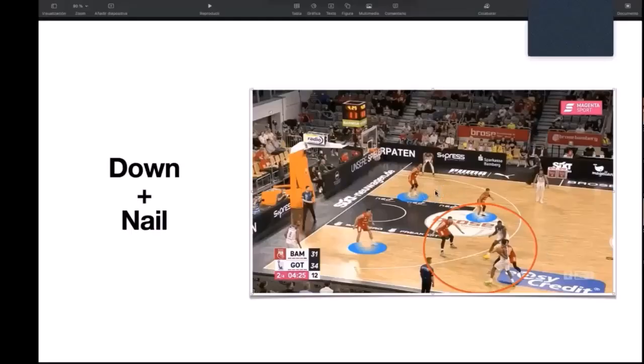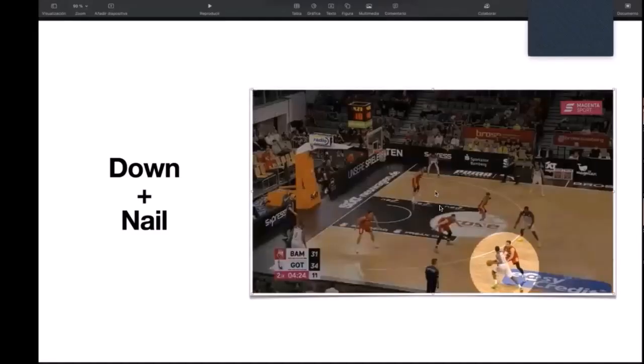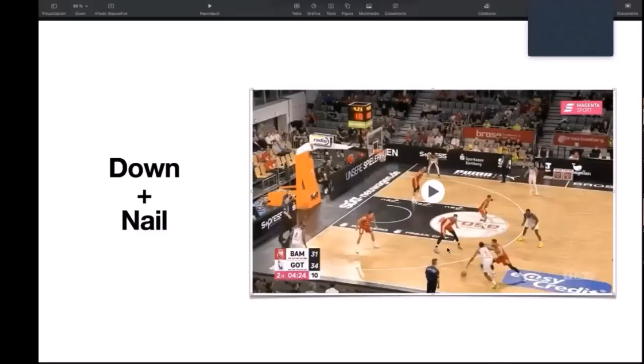Here, the decision the offense made was to pop the 5 and to attack downhill with the guard to extend this recovery from the big, and then they could develop the action to create numbers situation on the two side by moving it quick, by cutting to the basket, by dividing the defense.